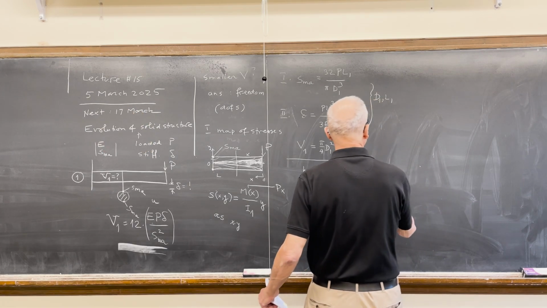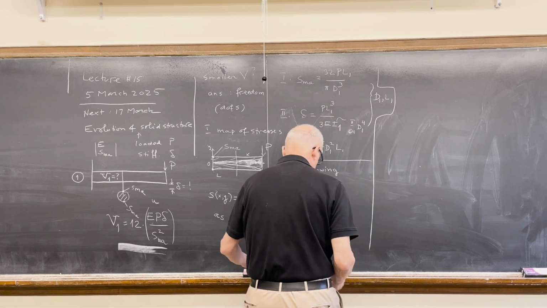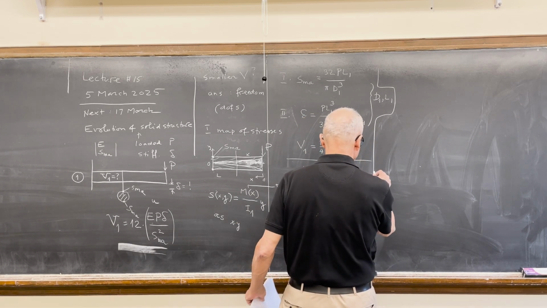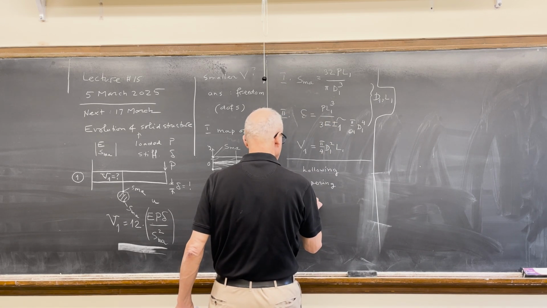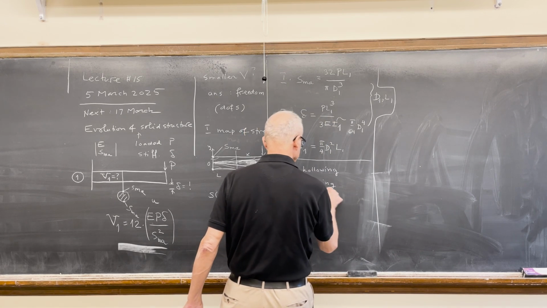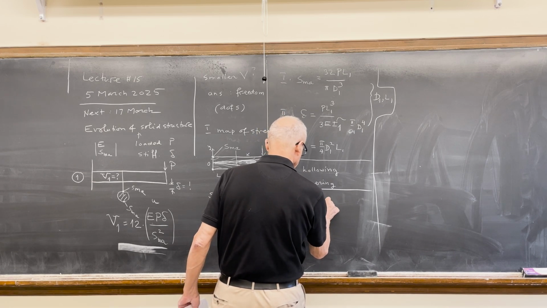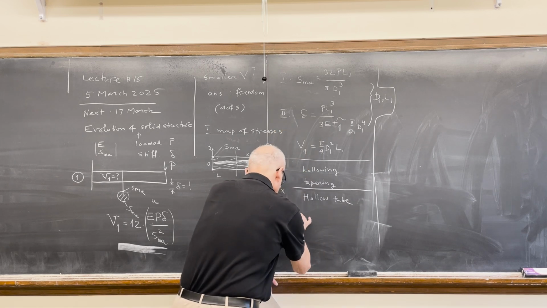Then design number 2 will be here. Design number 2 is the hollow tube. I draw it this way.